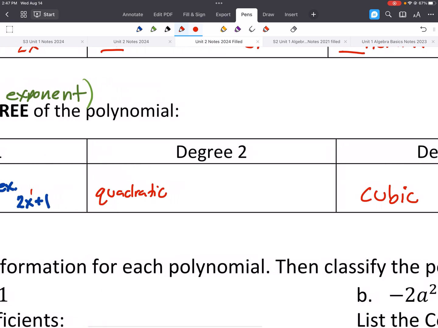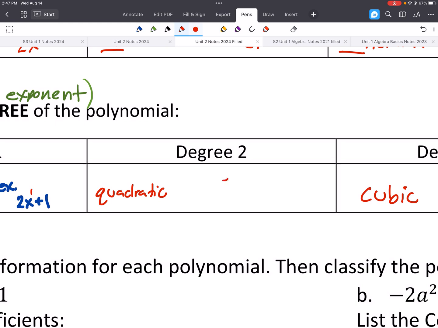If it has a degree of 2, then we call it a quadratic. We're going to use that a lot this year and learn a lot about quadratics. When you get to secondary math 3, you're going to do higher polynomials, like a cubic, which is our next one.